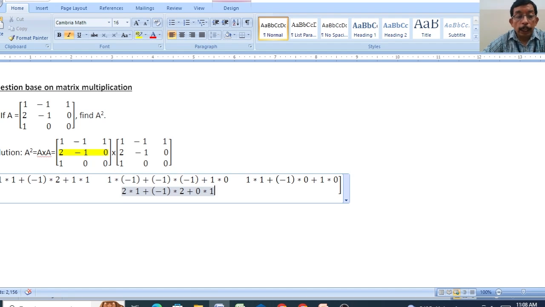So 2 is multiplied by 1, minus 1 is multiplied by 2 and 0 is multiplied by 1. After adding, we get the second row first element.